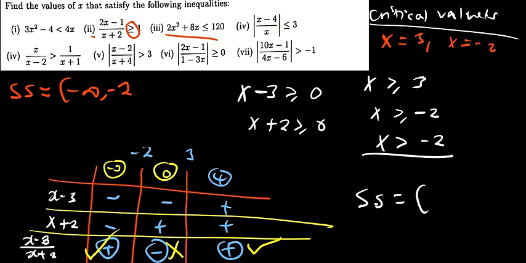Now, this is greater than or equal to, so once I put -2, it would mean we are saying -2 is part of the solution. But if I put -2 here, it's going to give me 0 on the denominator. That is undefined. So I'm going to say not included. -2 should not be included. Union, but 3 can be included. So I'll say 3 to positive infinity. So this is going to be my solution.